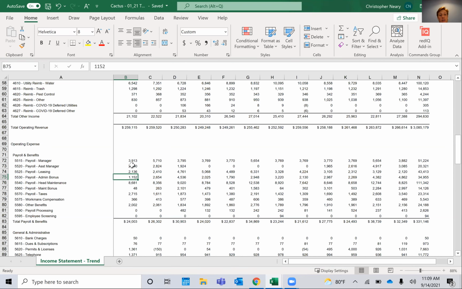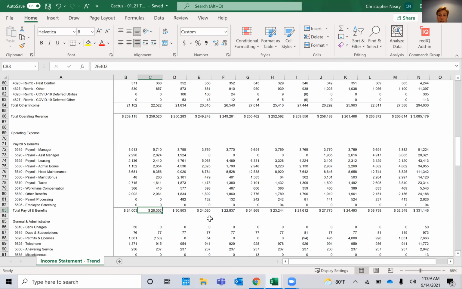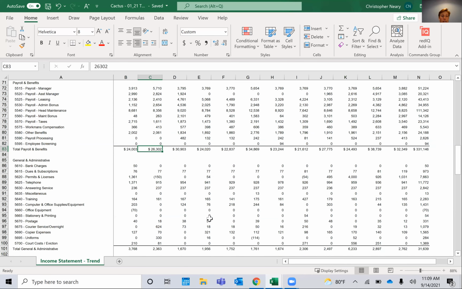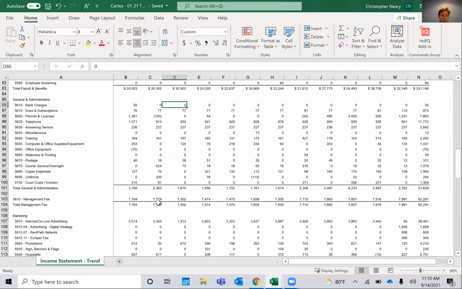All these things are a factor, and each month they have 24,000 this month, 26,000 this month, and of course that builds up. Then you have general and administrative expenses, which are just basic necessities in order to run a business, such as telephone answering, training, miscellaneous, all that kind of good stuff.